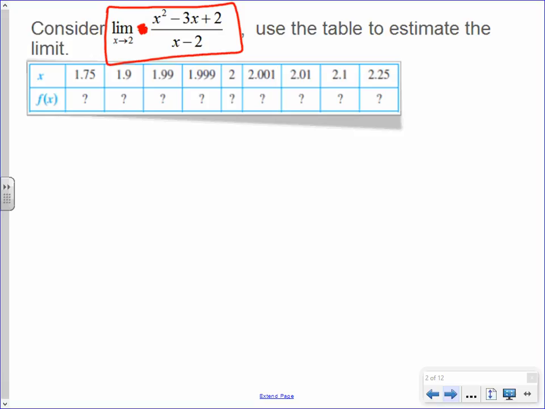Pod 1, do you have a value? 0.75. Pod 2. Pod 3. 0.99. Pod 4.